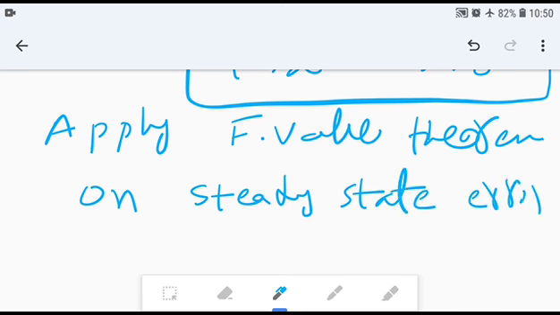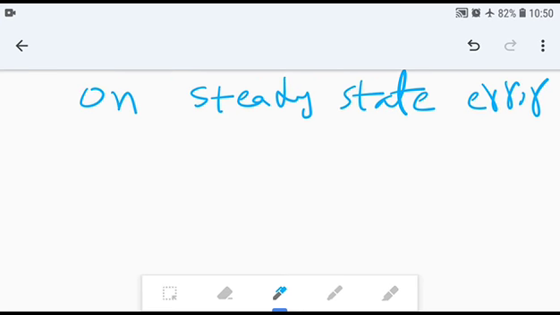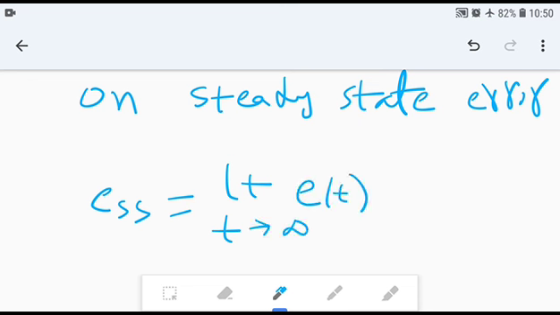So what we get: ESS is equal to limit t tends to infinity. Here E of t is nothing but f of t, you can consider. Limit t tends to infinity E of t is limit s tends to 0, s into E of s.